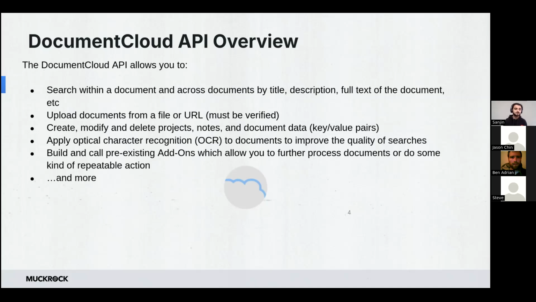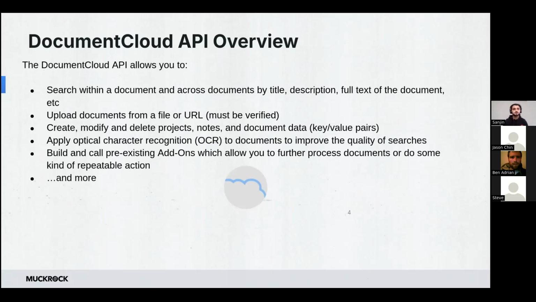This requires that you go through a verification process to be allowed to upload onto DocumentCloud publicly. You have to go through a verification stating that you're an authorized journalist or verified journalist or a research or advocacy organization that has an acceptable use for DocumentCloud.